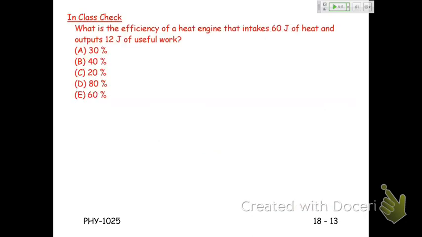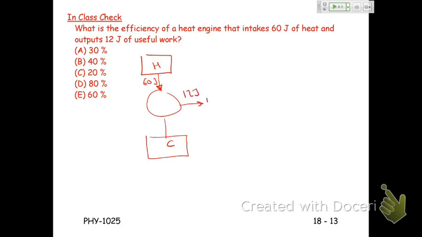What is the efficiency of a heat engine that takes in...? So let's have a look. This is a heat engine. This is the hot, and this is the cold, and it takes in 60 joules and does 12 joules of work. So what's efficiency? Efficiency equals what you get out, which is the work, over what you put in, which is Q hot.